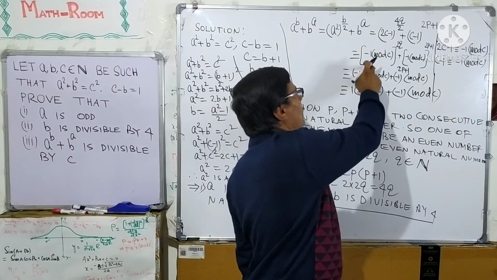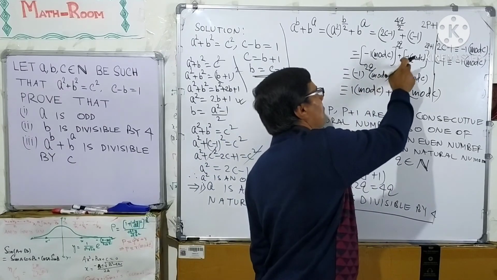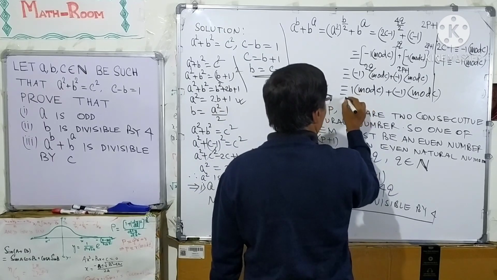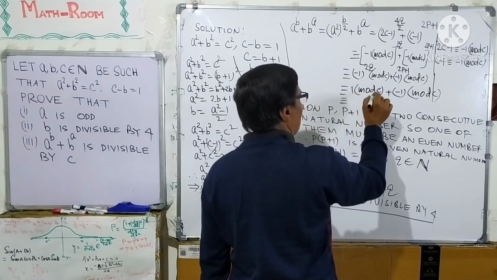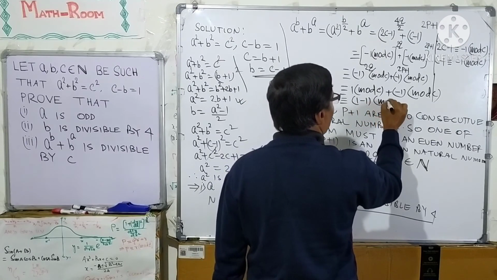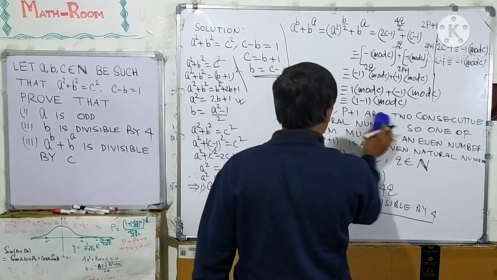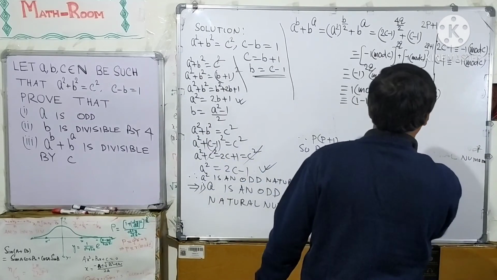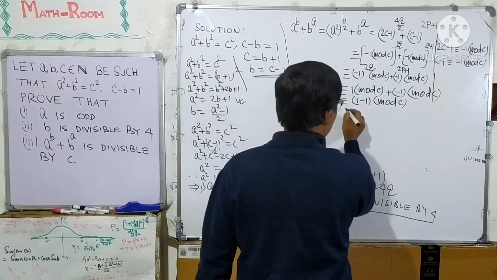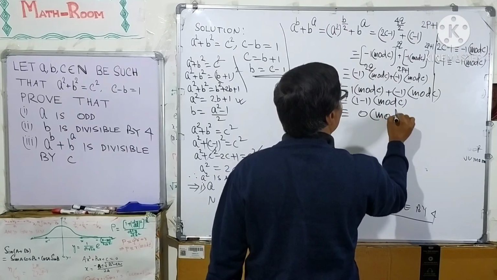Minus 1 to the power of an even number is plus 1 and minus 1 to the power of an odd number is minus 1. So we have this equivalent to 1 minus 1 modulo c, that is, equivalent to 0 modulo c.